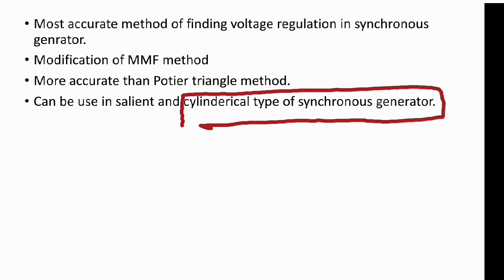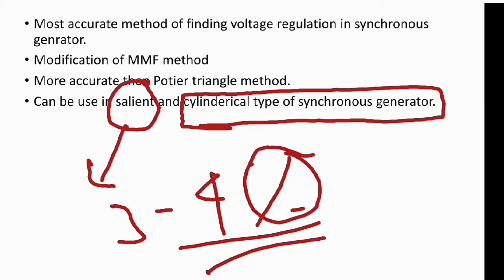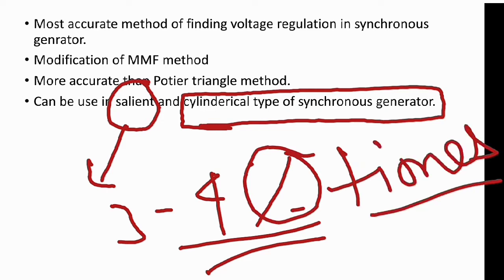For a salient type of synchronous generator, the error will be 3 to 4 times more, not percent, if we use the EMF, MMF or ZPFC method.